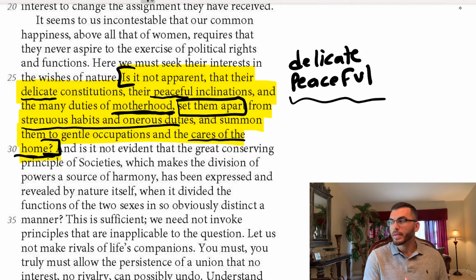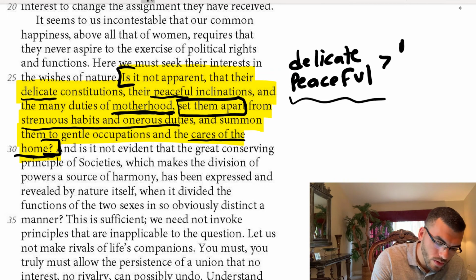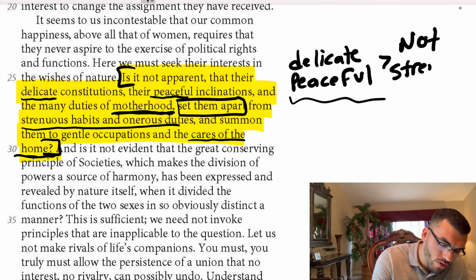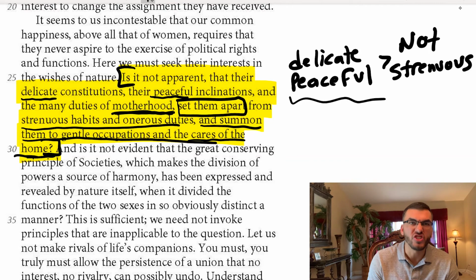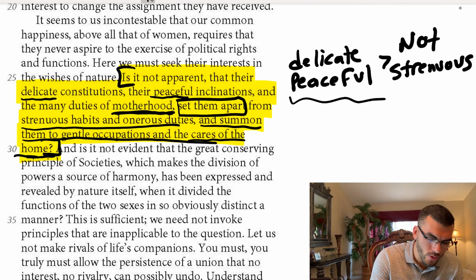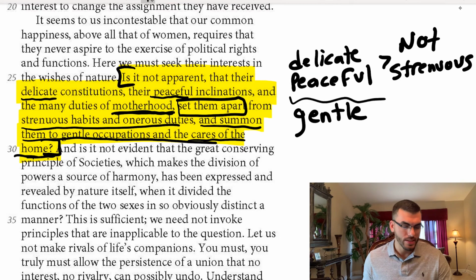So their delicate and peaceful inclinations set them apart from strenuous habits. So not strenuous. And summon them to gentle occupations and cares of the home. Gentle occupations. There we go, along the same lines again. Delicate, peaceful, gentle, not strenuous.